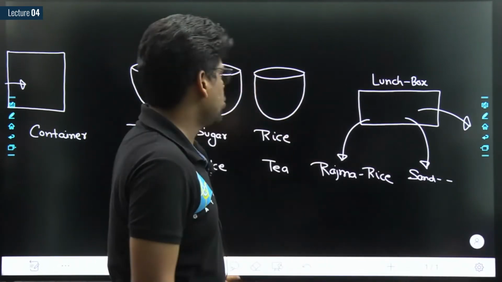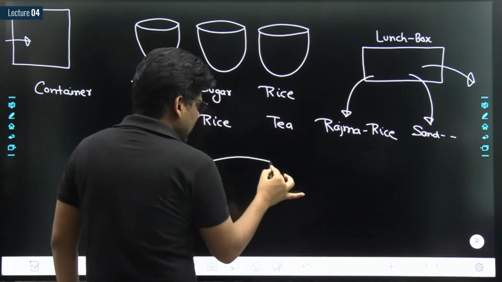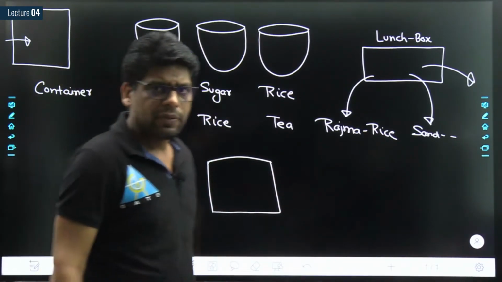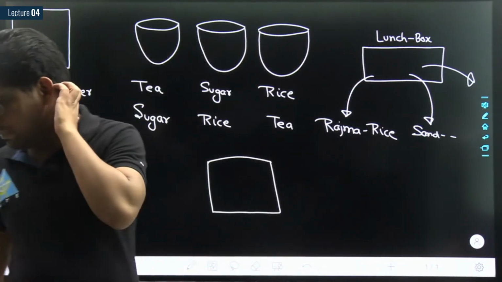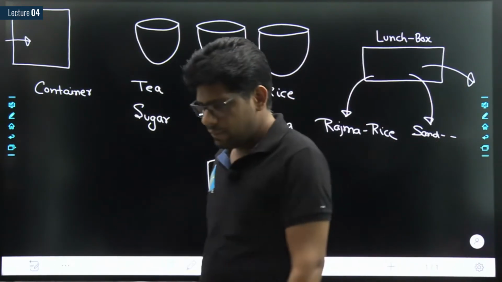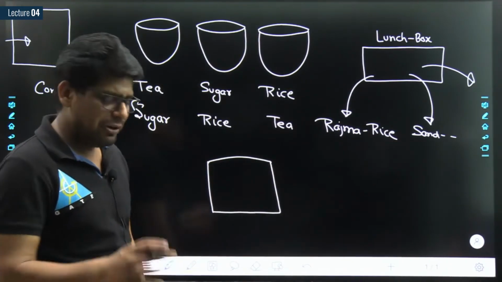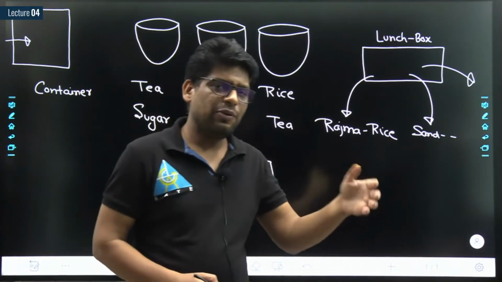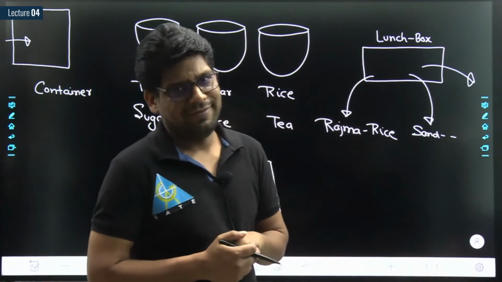But the good question here is, sir, is there any container in this world that can contain any type of thing? Please reply. Whenever you went to market to purchase milk, what type of container you use?